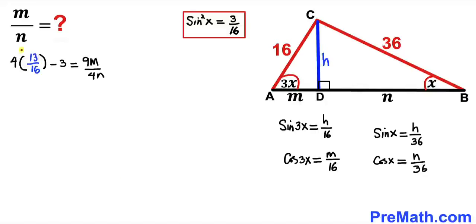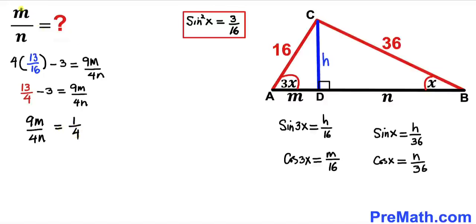And now if we simplify this part, that is going to give us 13 divided by 4, as you can see in this next step. And if we simplify this one on the left hand side, that is going to give us 1 divided by 4. Therefore we can write 9m divided by 4 times n equals to 1 divided by 4.